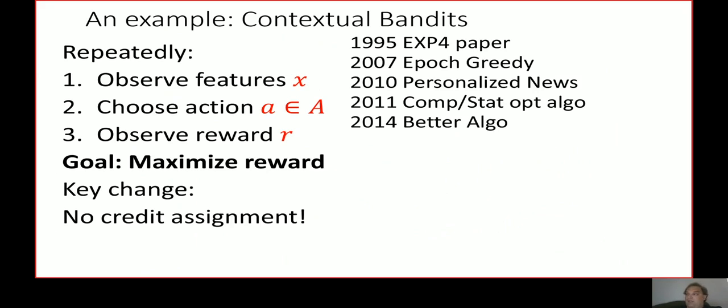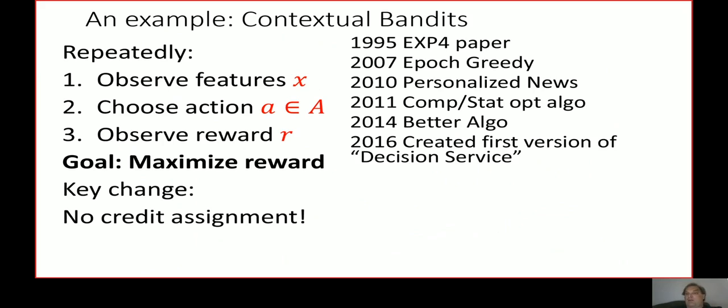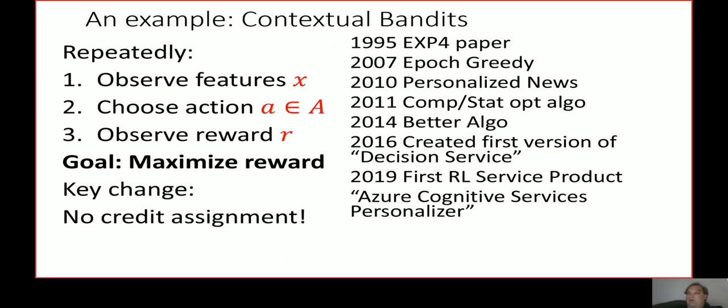In 2014, we had an even better algorithm that we came up with that you can actually use today. And then in 2016, we created the first version of a decision service, which is a general cloud service that you could use to create your own contextual bandit learner. In 2019, this eventually led to a reinforcement learning service product, the Azure Cognitive Services Personalizer.